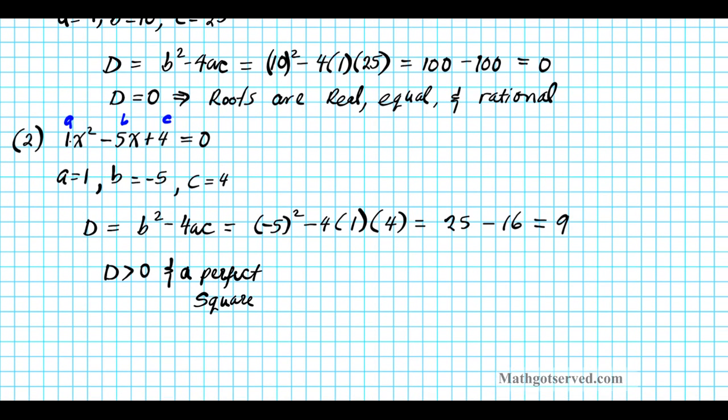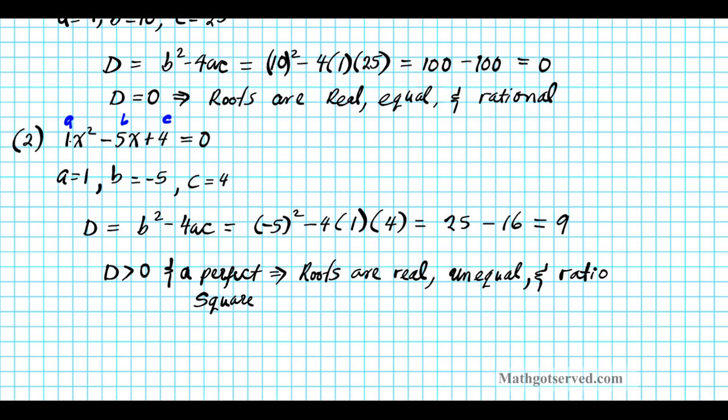Let's go ahead and write down what this tells us about the roots. If it's greater than 0 and a perfect square, that implies that the roots are definitely real because you're rooting a positive number. They are unequal because it's not 0. And since this is a perfect square, they're going to be rational.